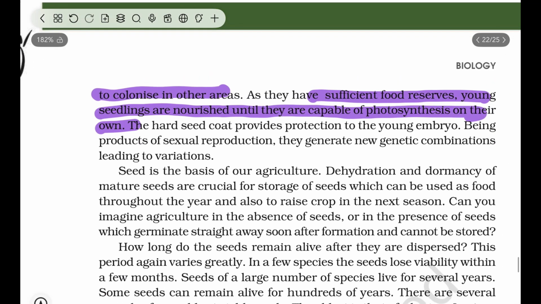The seed itself contains food reserve so that young seedlings, for example sprouts, we can see when we grow moong, they develop into beautiful sprouts. We definitely see it many times. So they also contain food reserve for the young seedling, which is nourished until it is capable of photosynthesis on its own.